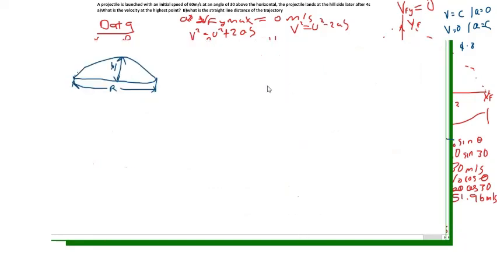So in this case, the projectile was something like this. This is the hillside. Consider this to be the hill. So before sliding here to complete this, say this hill.